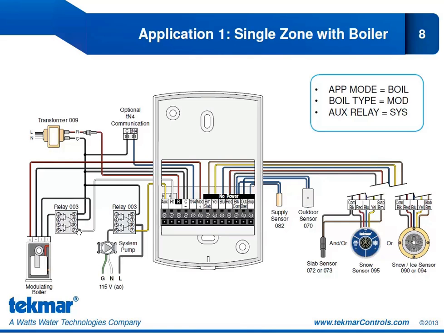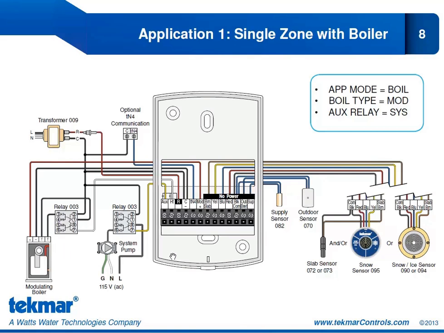And we need that isolation relay because we want a dry contact for the TT. So we will connect the heat relay to 7 on our isolation relay 003, and then we have 2 coming back up to our common.